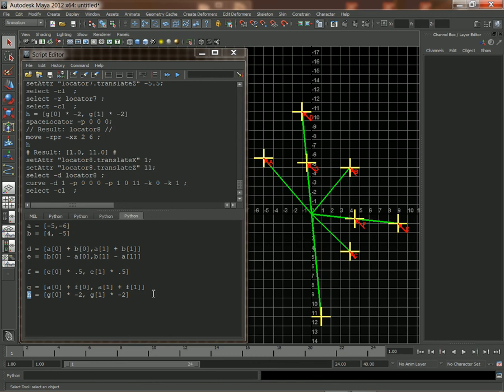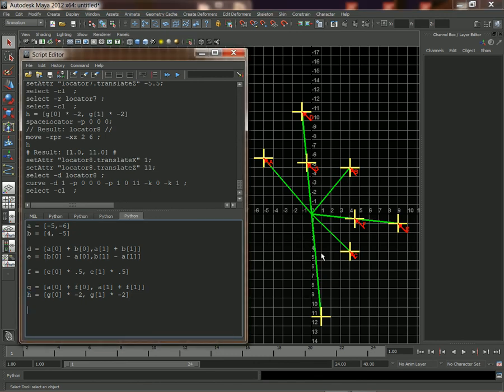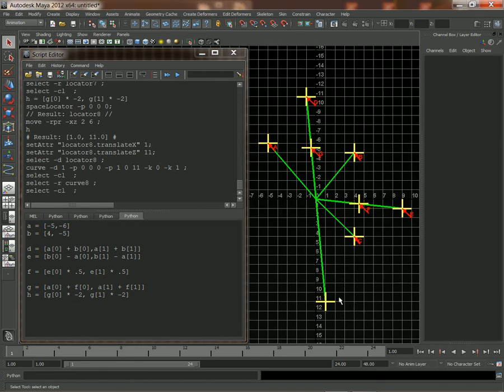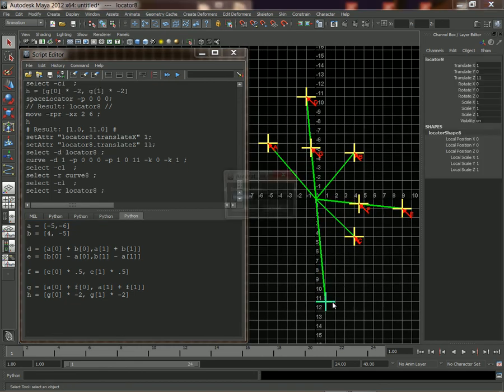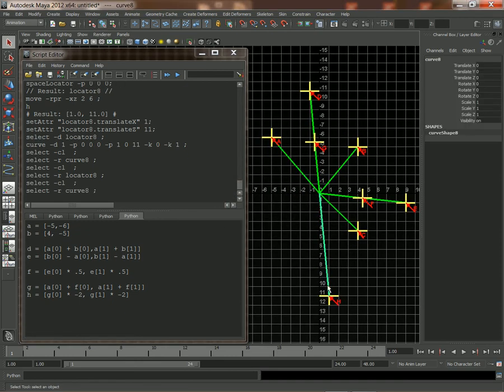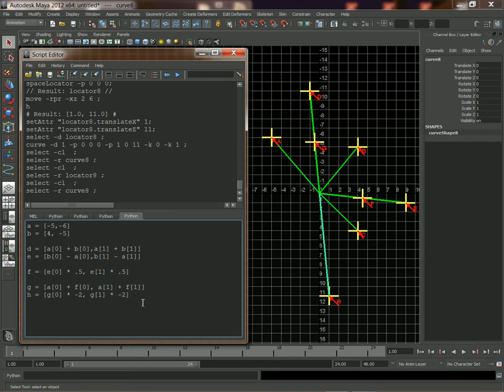Which brings us to the next thing we can do with a vector. What if we want to find the length of, we'll name this one as well. What if we wanted to find the length of H? Well, to do that, do a few things.